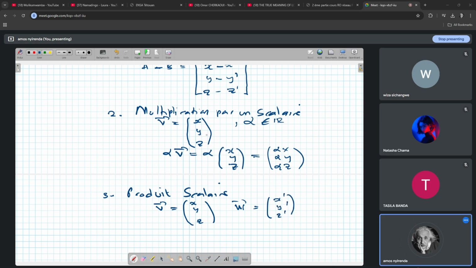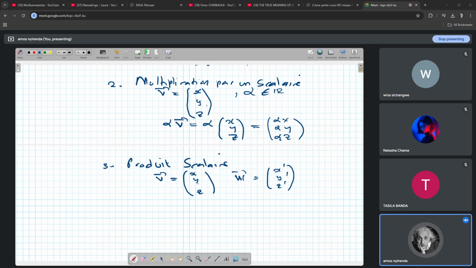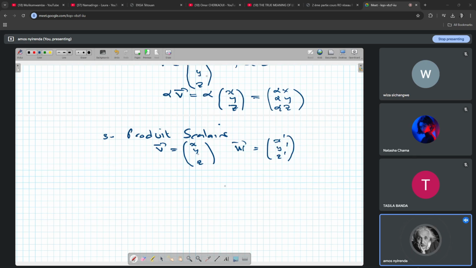So you can choose whatever you want, but in general these are not going to be equal, right? So that's why I'm saying x prime, y prime, to place a distinction between the components of these two vectors. Well, what the dot product is going to do, so let me just say v dot w, like so.